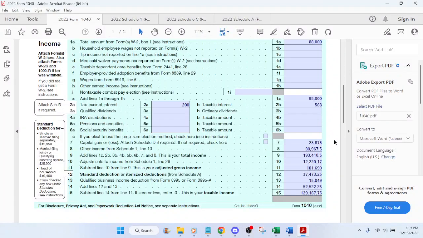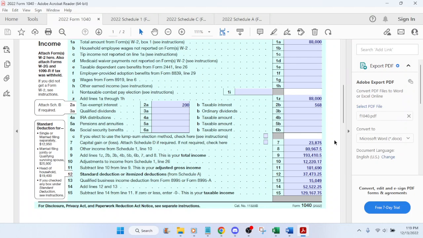Business income is ordinary. I believe the business income is just ordinary income. So we're just going to subtract capital gains from the number.